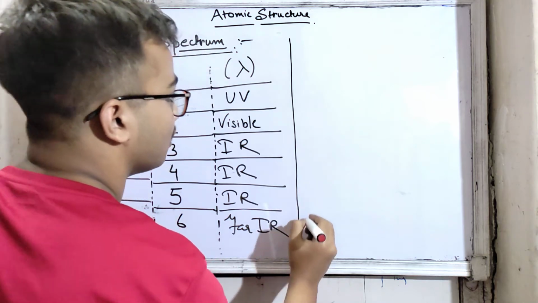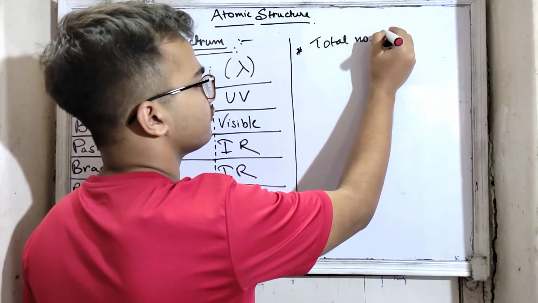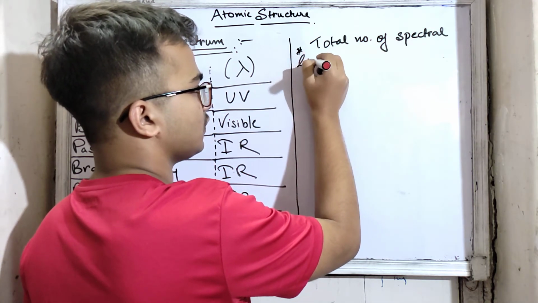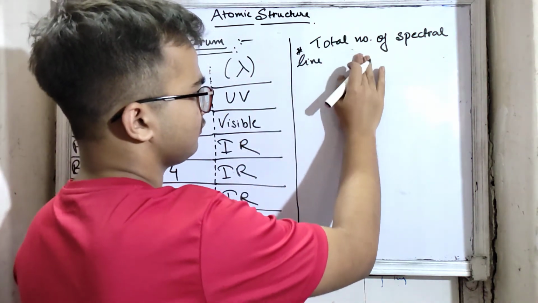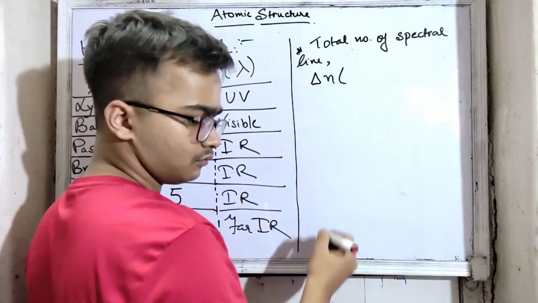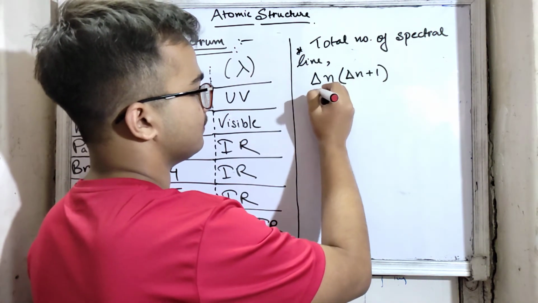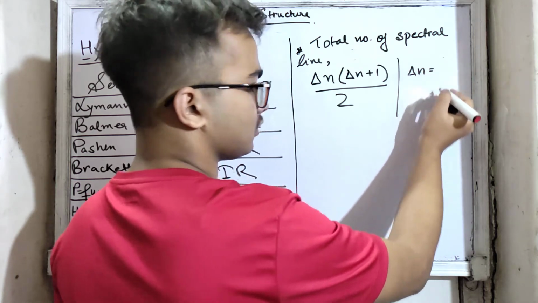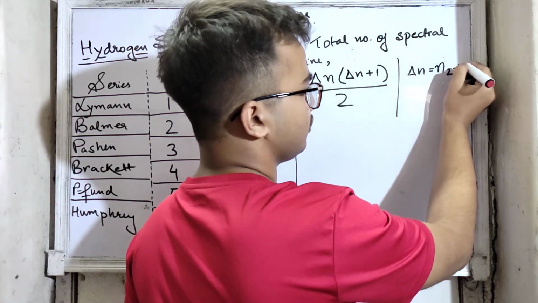Okay, let's write the formula: total number of spectral line, which is represented by delta n. Total number of spectral line. Okay, so the formula is delta n into (delta n plus 1) whole divided by 2. What is delta n? So I am writing here delta n equal to n2 minus n1. Okay, so n2 minus n1.